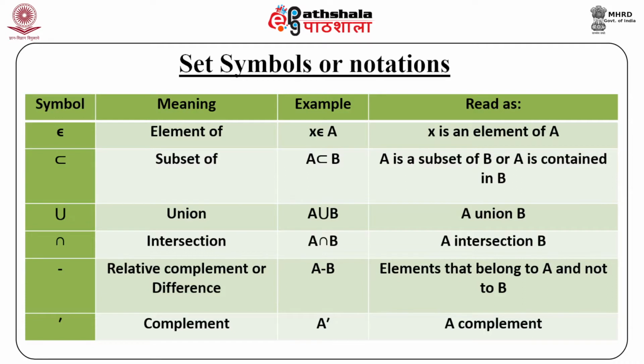Set symbols or notations. Now, the table gives various set symbols and notations. Symbols: epsilon stands for element of, such that x belongs to A, or x is an element of A. Subset of is given by A is a subset of B, or A is contained in B. Union: A union B. Intersection: A intersection B. The next symbol is relative complement or difference.